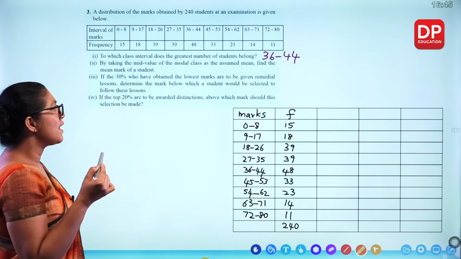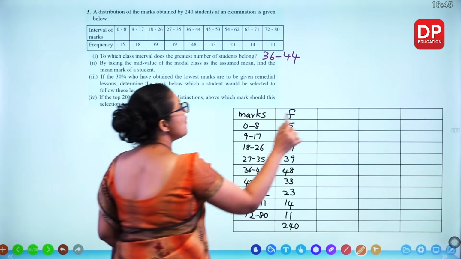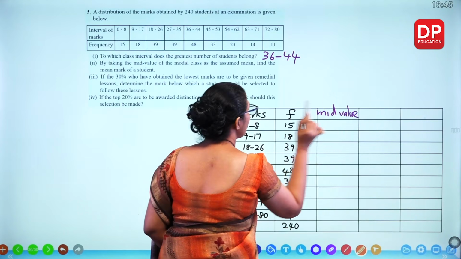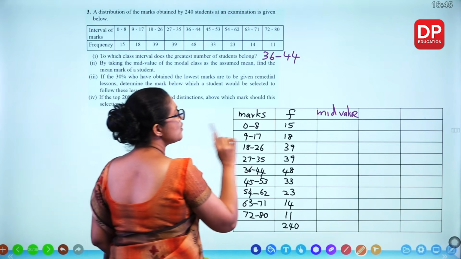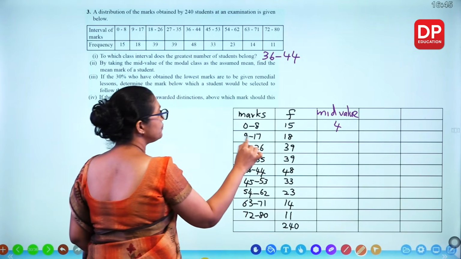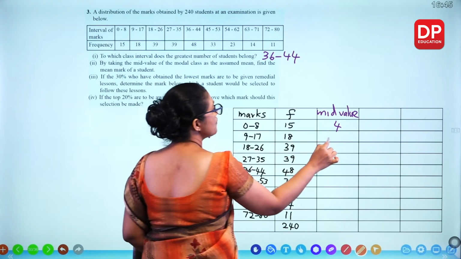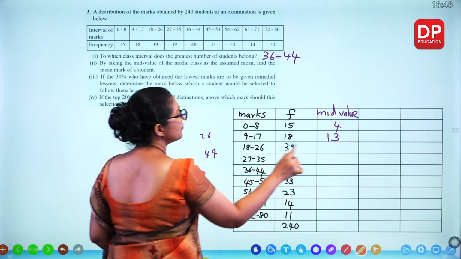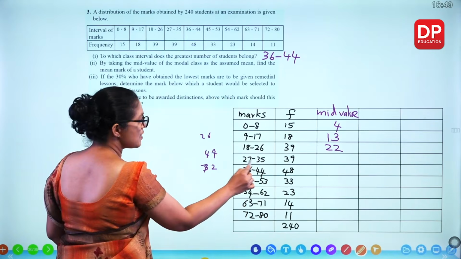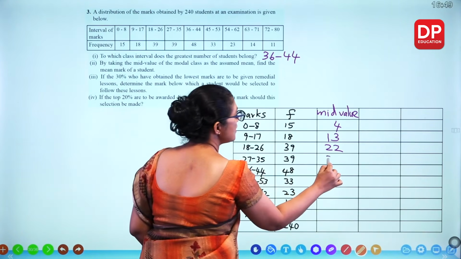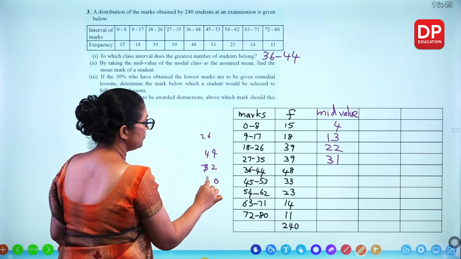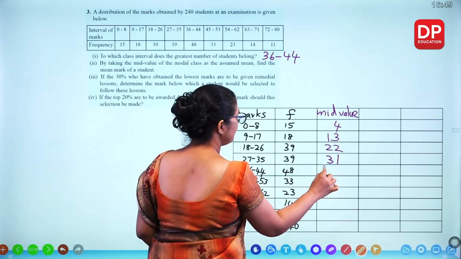Before that, we have to calculate the mid value. How do you calculate? Add and divide by 2. So you get 4, 13, 22. What's the midpoint here? 31. This one, 40.